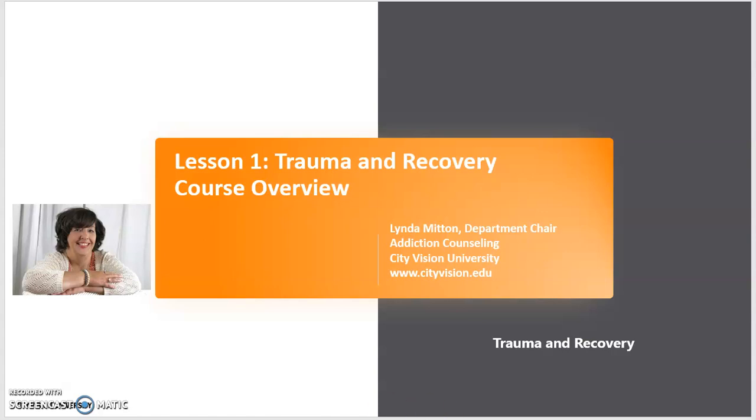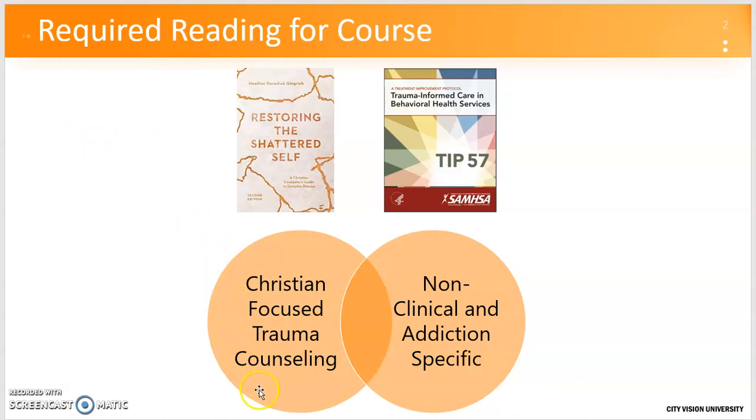So we will be taking a look, first of all, at a big picture overview of the course, starting with the text that we have chosen and why these are the required reading for this particular class. We're using two main textbooks in this course.